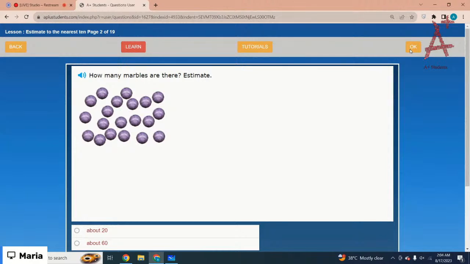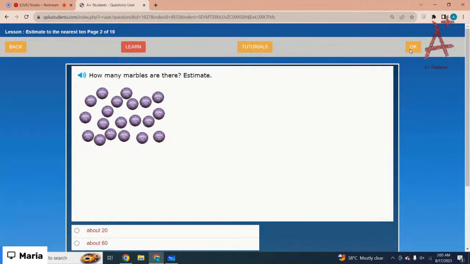How many marbles are there? Estimate. How many marbles are there? So you have two options given, about 20 and about 60.